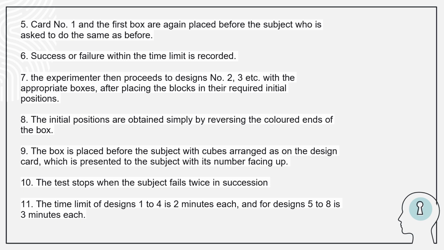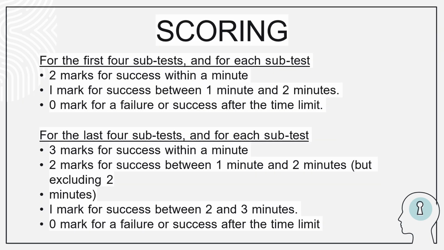So again, there is a time limit, and depending on if it is design 1 to 4, you get 2 minutes, and if it is design 5 to 8, you get 3 minutes each. So how is the scoring done? For the first 4 subtests, for each subtest, 2 marks for success within a minute, 1 mark for success within 1 to 2 minutes, and 0 marks for failure or success after the time limit.